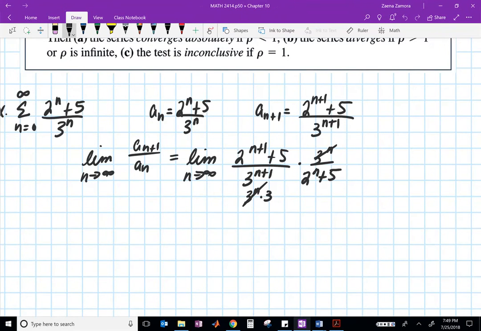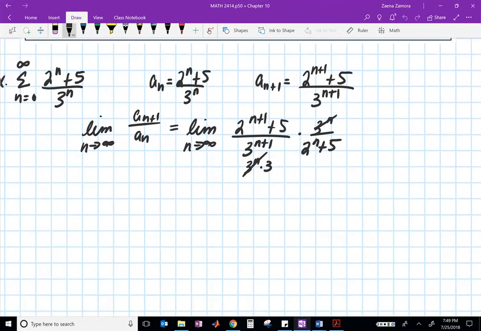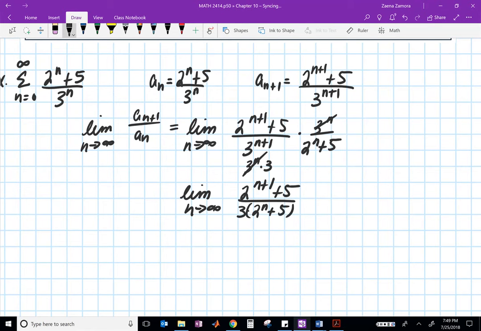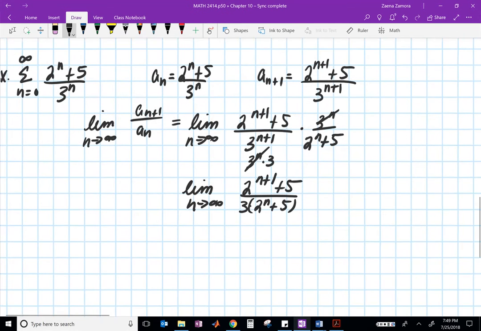All right? Okay. So I have the limit as n goes to infinity of (2^(n+1) + 5) divided by 3 times (2^n + 5). I'm going to take that 1/3 out because it doesn't really do anything with my limits.